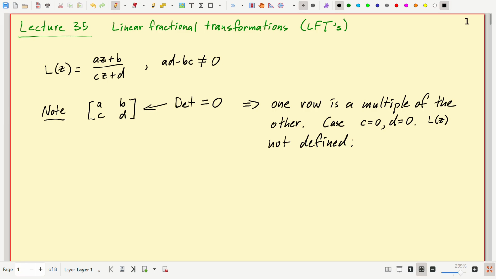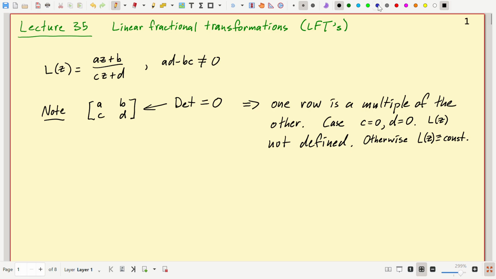That means the function in the numerator or denominator would be a constant times the other one. Otherwise, that condition would imply that the linear fractional transformation is identically equal to a constant. So that's just linear algebra. That's why that condition is needed.